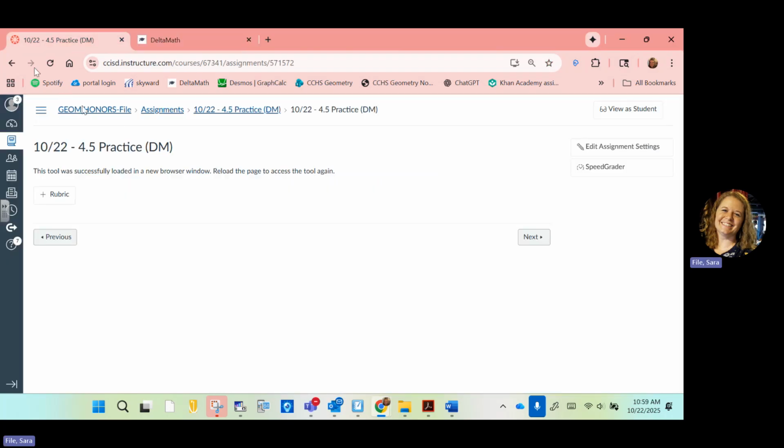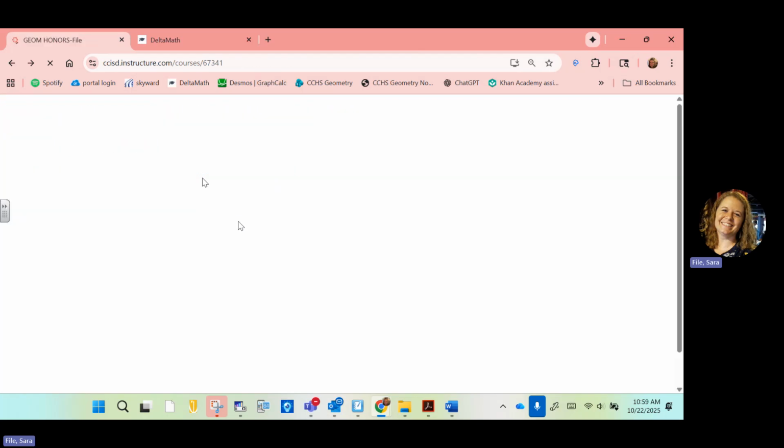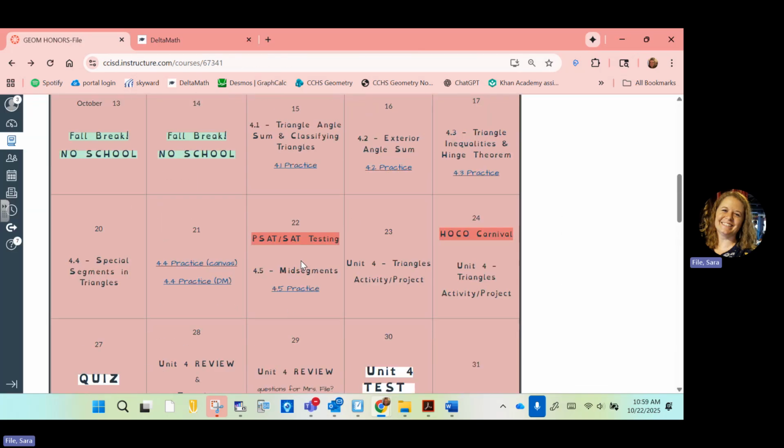Again, on our calendar here, we've got the 4.5. If you have not finished the 4.4 from yesterday or the 4.3 from last week, you can still do those. And the 4.2, actually. I think today is the last day to turn in the 4.2 late. It should have been yesterday, but I extended it due to the Canvas not working on Monday.